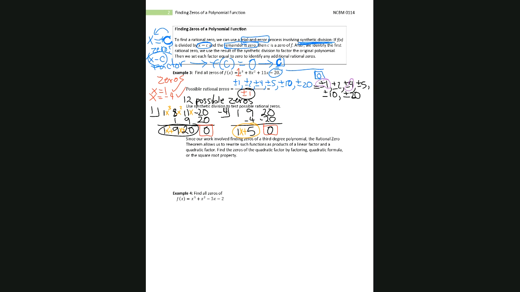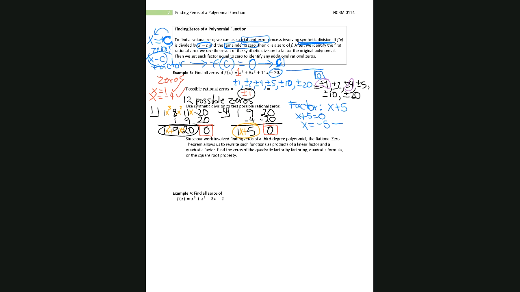So what I'm going to do is go from a factor such as x plus 5. And what I'm going to do to find the 0 is I'm going to take that x plus 5 equal to 0 and then solve for x. So that will be x is equal to -5.